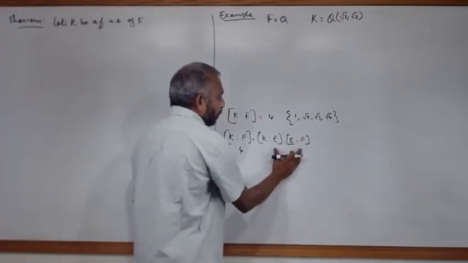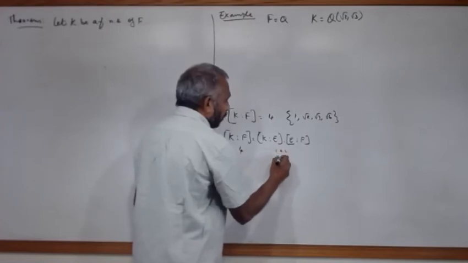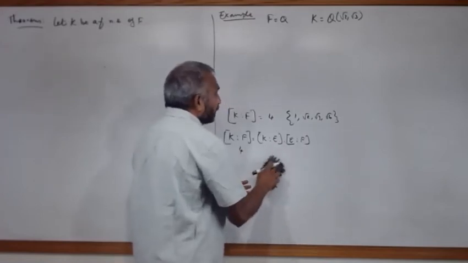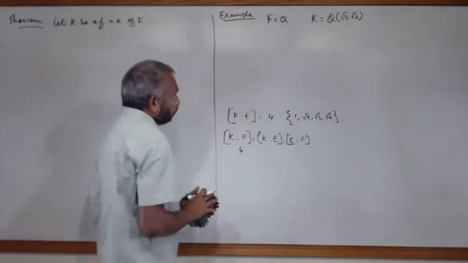So the product has to be 4. So that should be 1 into 4 or 2 into 2. That's what I'm saying. So if it's a non-trivial one, it has to be 2.